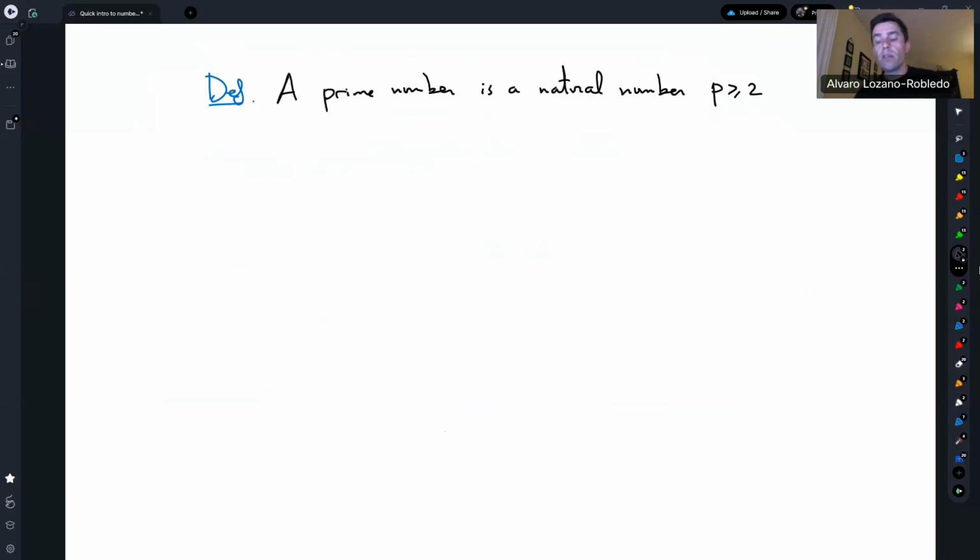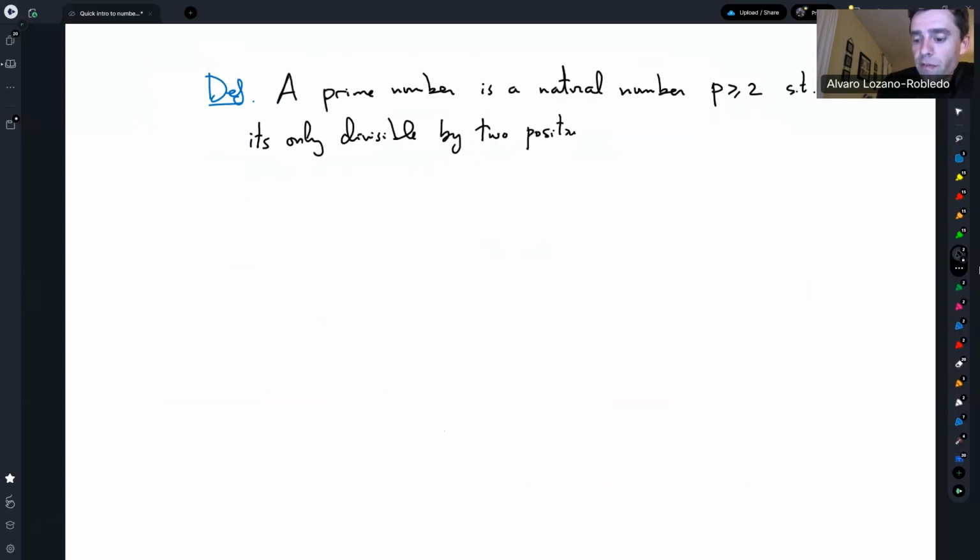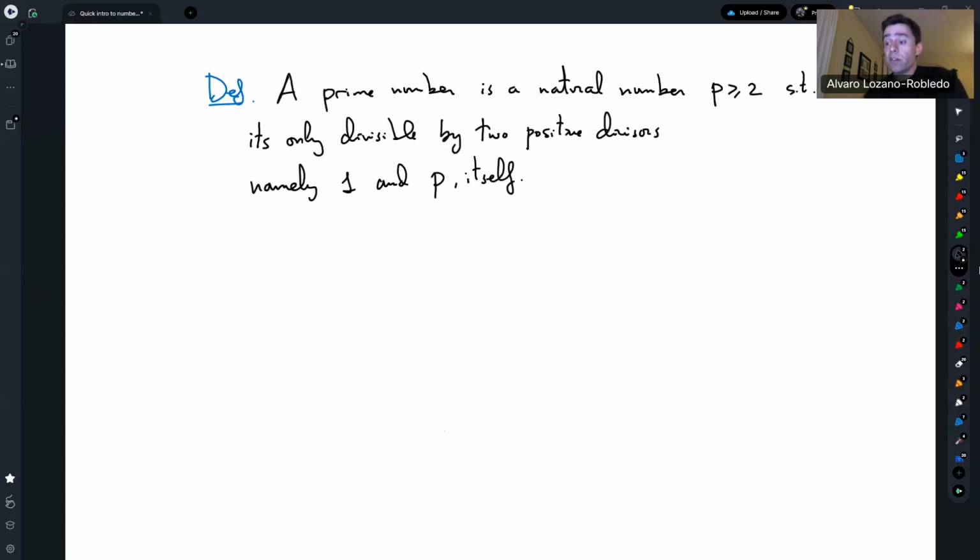I'll mention in a second why we do not want 1 to be a prime, such that it's only divisible by 2 positive divisors, namely 1 and p itself. So it has exactly 2 divisors.